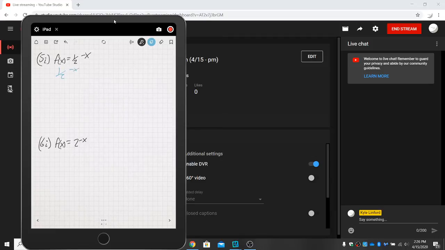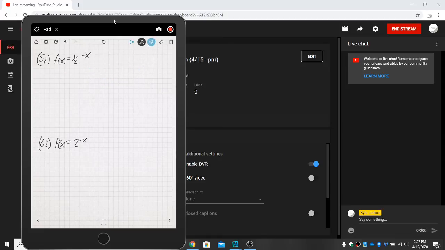1/2 to the negative x would be the same as 1 over 1/2 to the positive x, right? Which would be, if I flip and multiply, 2 to the x power. I'll go ahead and show a little more of the work here.